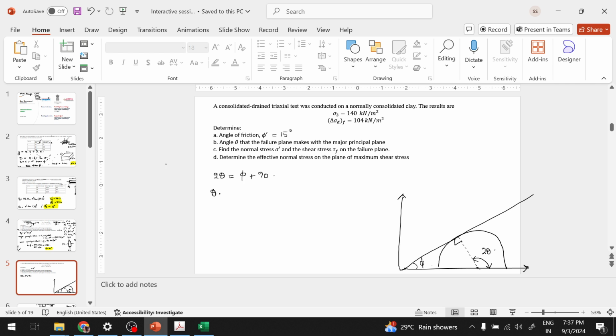So theta is phi by 2 plus 45. And now your phi is about 15, so your theta will come out to be 15 by 2 plus 45, which is 52.5.